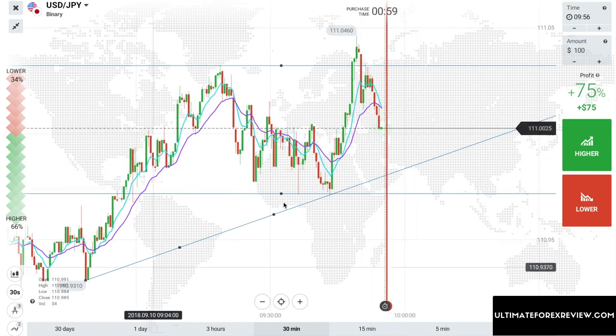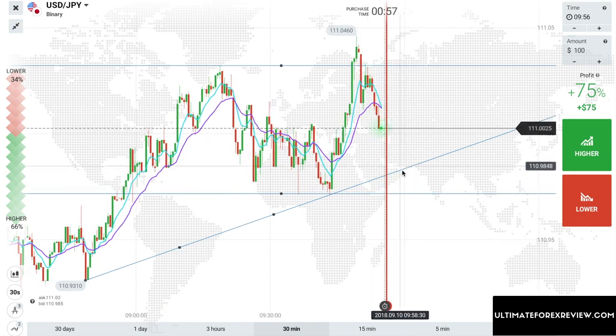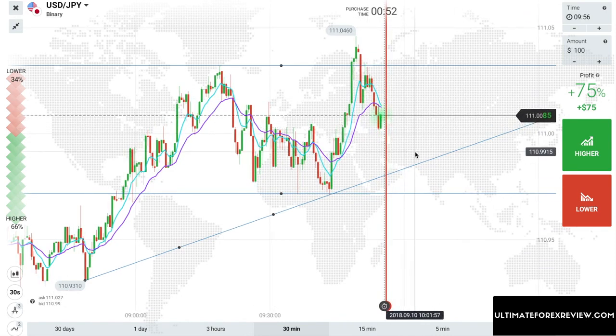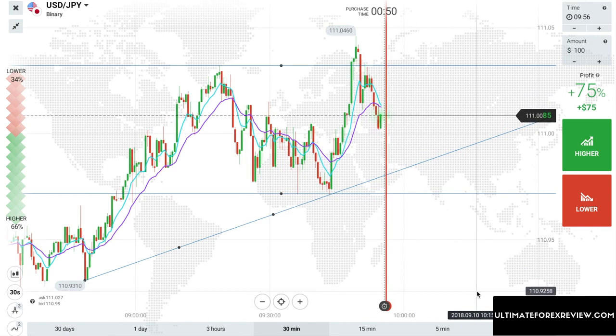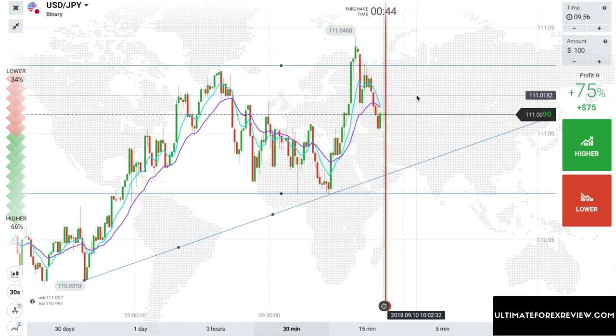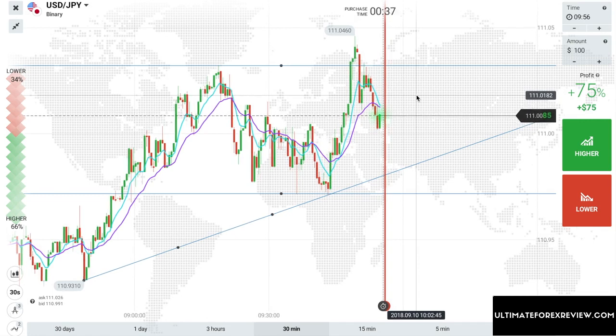For example, a trend line does not necessarily mean price is going to come down to it and then move up. It could mean a break below, a retest, and then a fall. Various things could happen when price approaches a trend line or support or resistance. So that's the first tip: use price action, understand price action, learn price action.